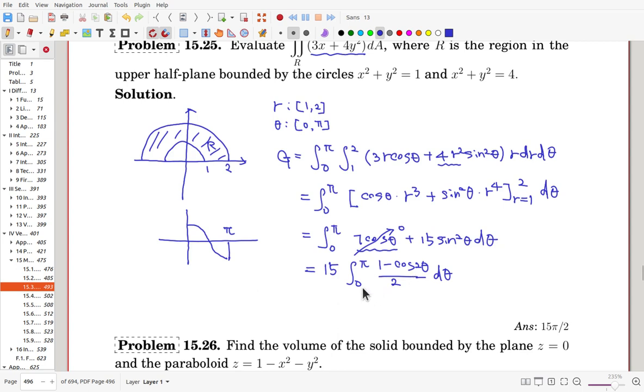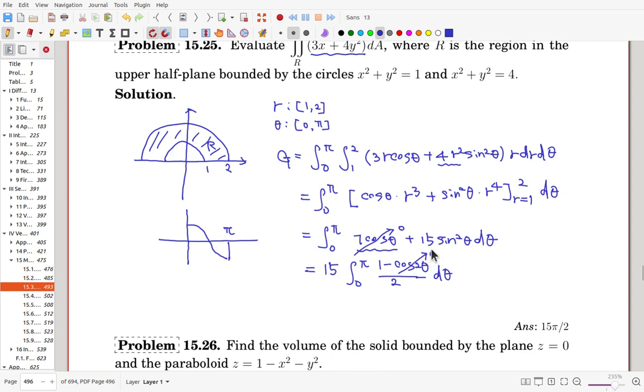Now, theta is moving from 0 to pi, then 2 theta must be moving from 0 to 2 pi. So for this portion, it makes one whole cycle. For the cosine function, once it has a whole cycle, then again, half positive, half negative, so the integration will be 0.